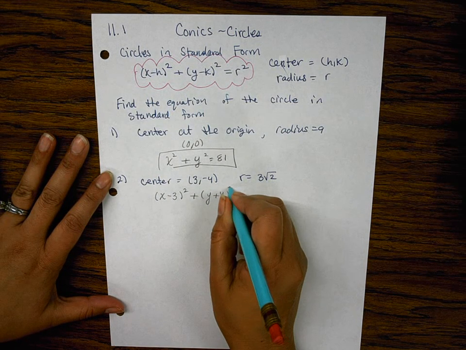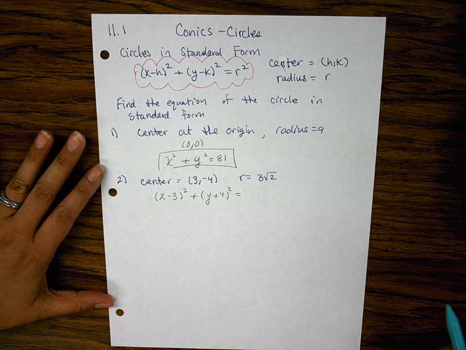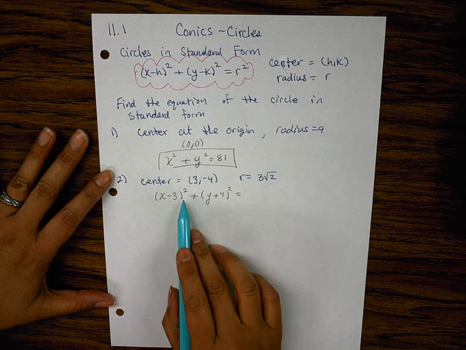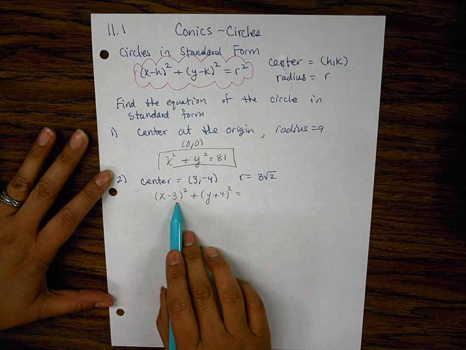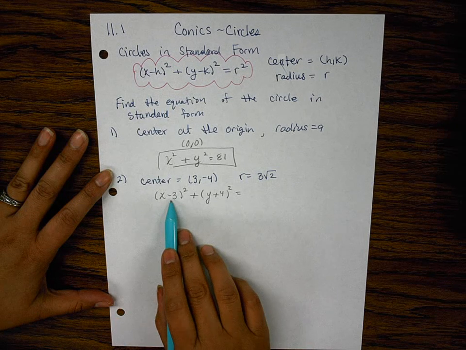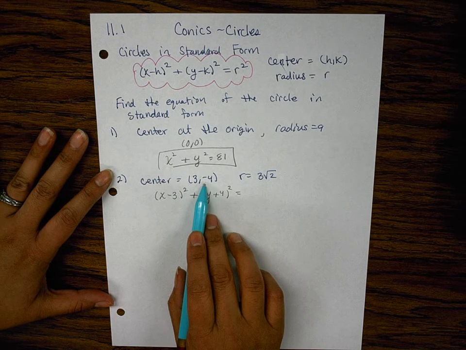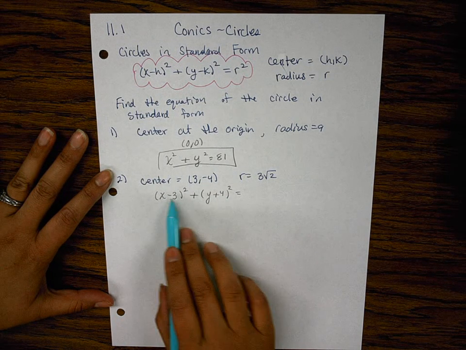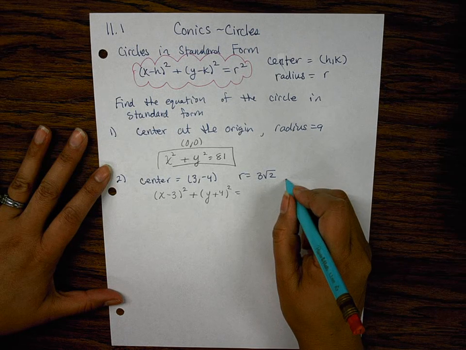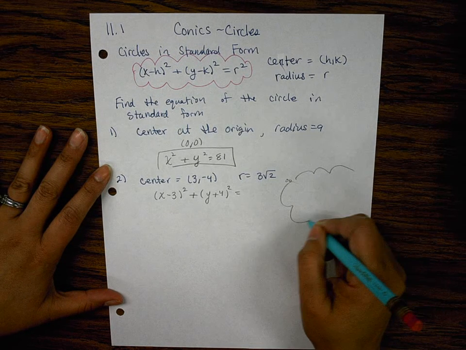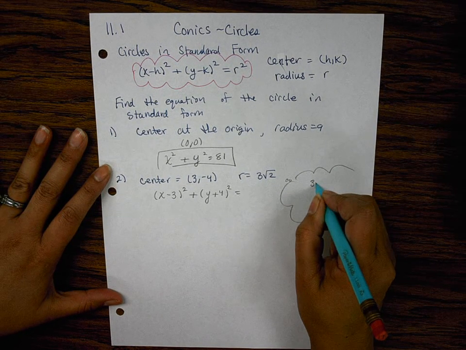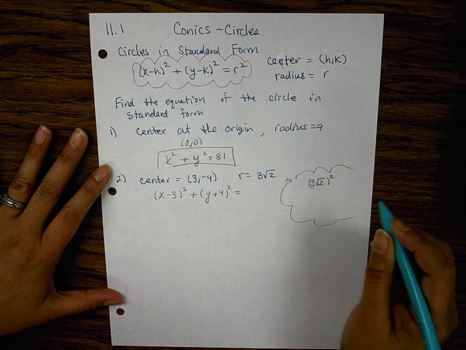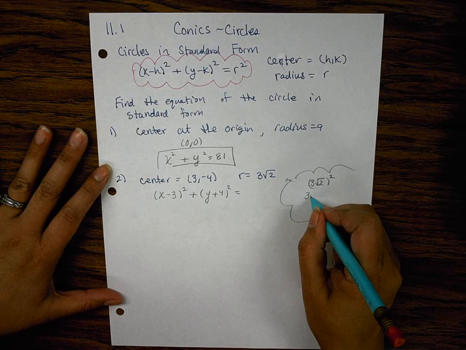You'll see that there, they're both minus signs. Y minus negative 4 becomes plus 4 squared equals the radius squared. Before I get to the radius squared, really quick, if I took the opposite of each one of these, that would be positive 3, and that would be negative 4, which indeed is the center. Positive 3, negative 4.